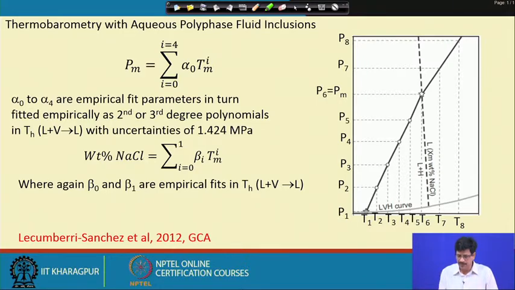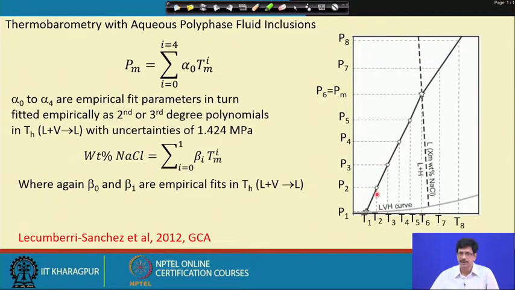So, here on the diagram we see an inclusion which initially had liquid plus vapor plus one daughter crystal of halite, that is sodium chloride. It underwent liquid vapor homogenization, homogenizing to liquid at a point corresponding to, let us say, T1, and that is equal to the Th. After the disappearance of the vapor phase, the system evolves in the liquid plus halite field.